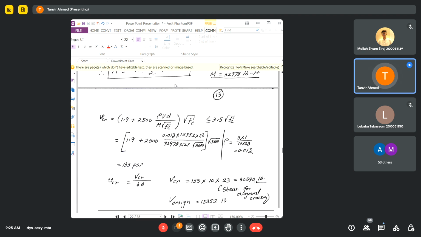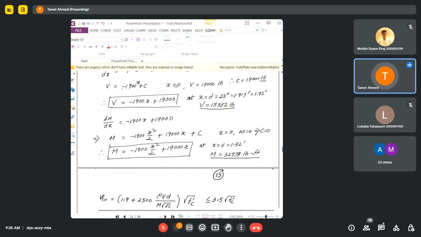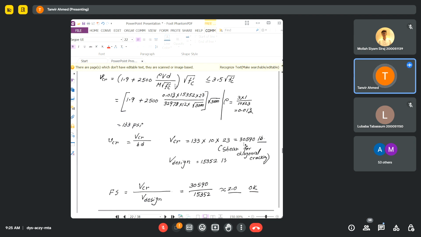So this is the shear resistance of my concrete, this much force the concrete can take. And the design shear force is how much shear force actually exists due to the external loading, which is 1900 pounds per foot. The concrete can take 30,590. Obviously this is greater than this one, so your concrete can take the shear force, but obviously you need to check whether this is sufficiently high or not.